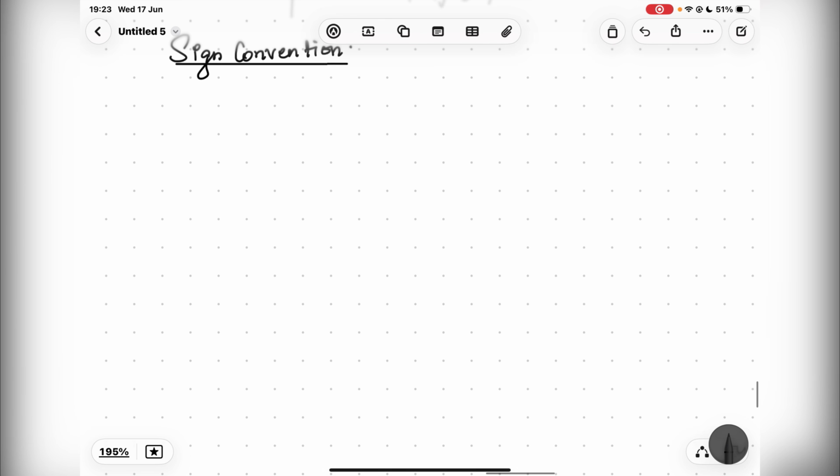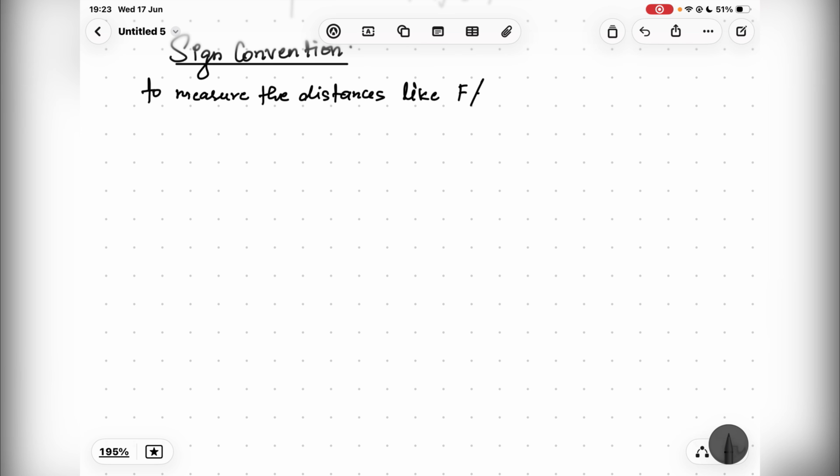Okay, so to measure the distances like focal length, center of curvature, object distance, and image distance, we need sign convention.